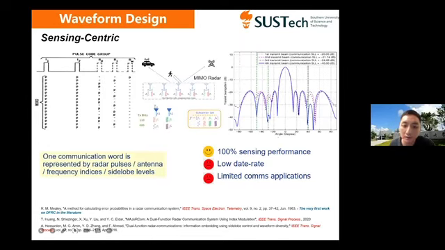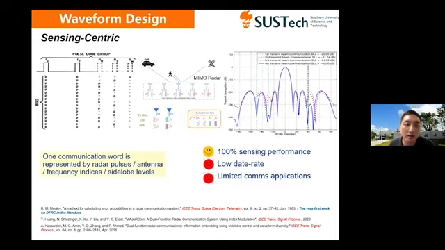We can also use index modulation, for example in the so-called MIMO frequency agile radar, where different frequencies are transmitted on different antennas, and we can use these frequency combinations to represent communication codewords. In all these designs, like I said, sensing performance is perhaps 100% guaranteed, but the communication data rate can be very low, and this can only be applied to limited communication applications.